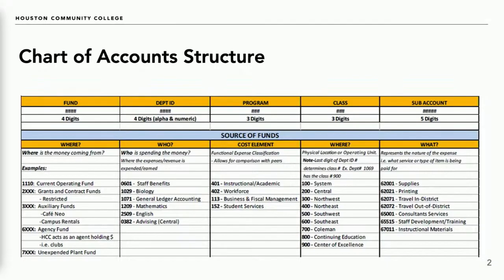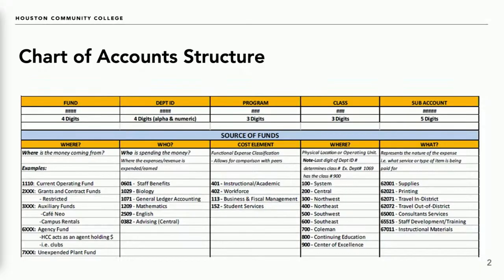So Dawn did a great job of explaining the where, who, cost element, and where again, and what. That's sort of the English translation of the function of each of those segments. So that first fund piece of the cost string shows where the money's coming from. The next part, department, is who's receiving it.